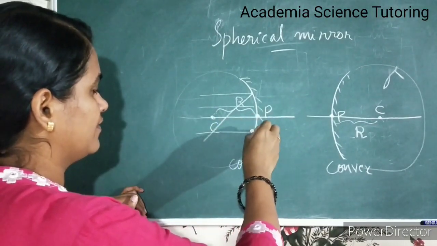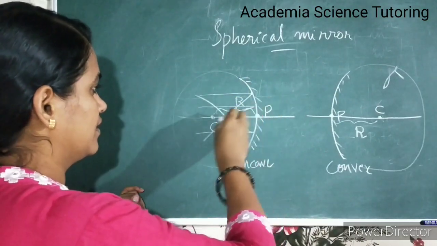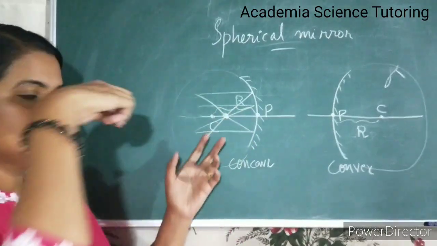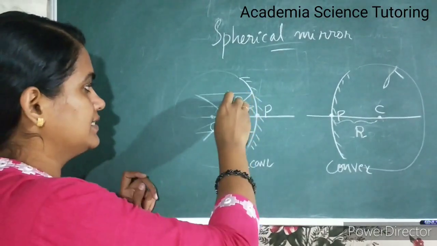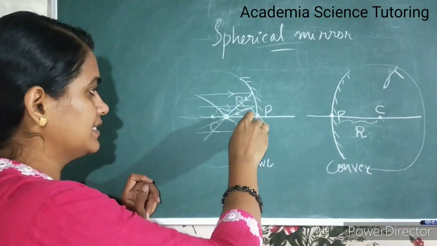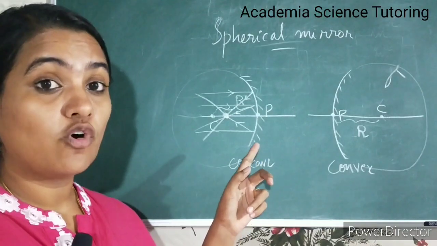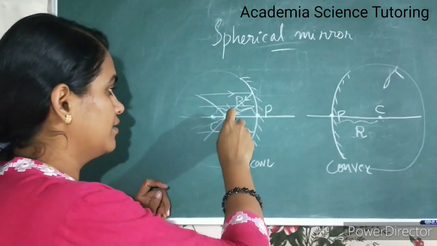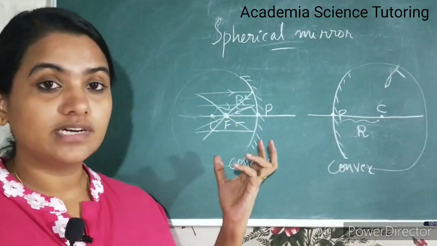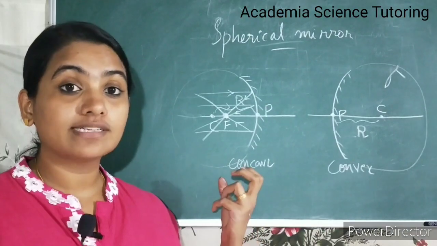Here also we have light rays. And these reflected rays will all intersect at a point, and this point is the focus of the mirror. The point where the reflected rays intersect is the focus of the mirror.